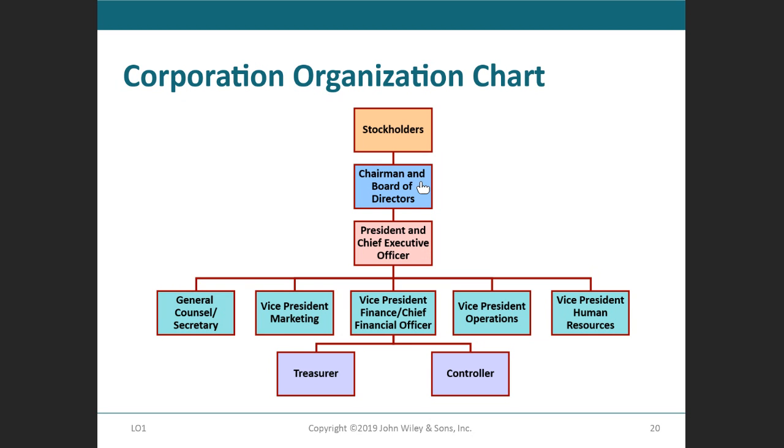The directors of the board then select a chairman of the board. So let's say you have 10 board members. They decide, by vote or however they do, who's going to be chairman of the board. So there is a chairman of the board, and then you have the board.